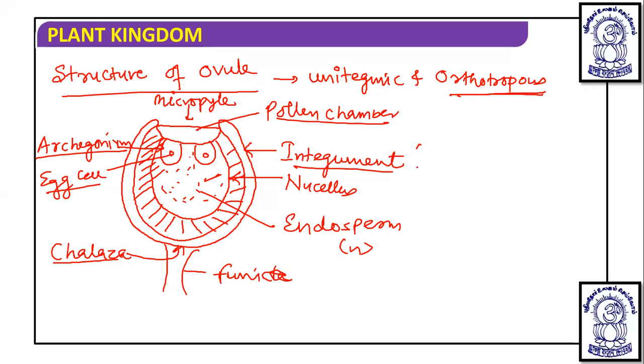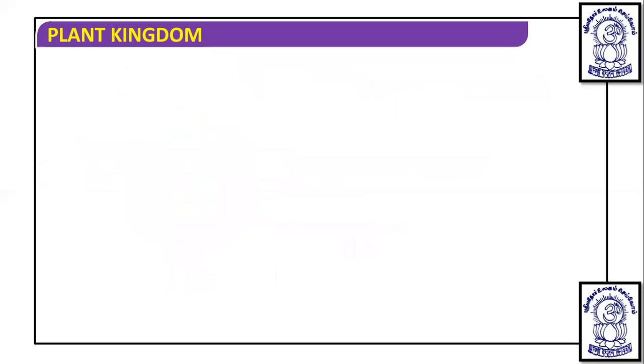Here, the integument is only one, because of this we call it a unitegmic ovule. So this is the structure of the ovule in gymnosperm. Because of this, pollination is direct and pollen grains land directly in the pollen chamber, and they get stored there. So this is the life cycle which we have studied.